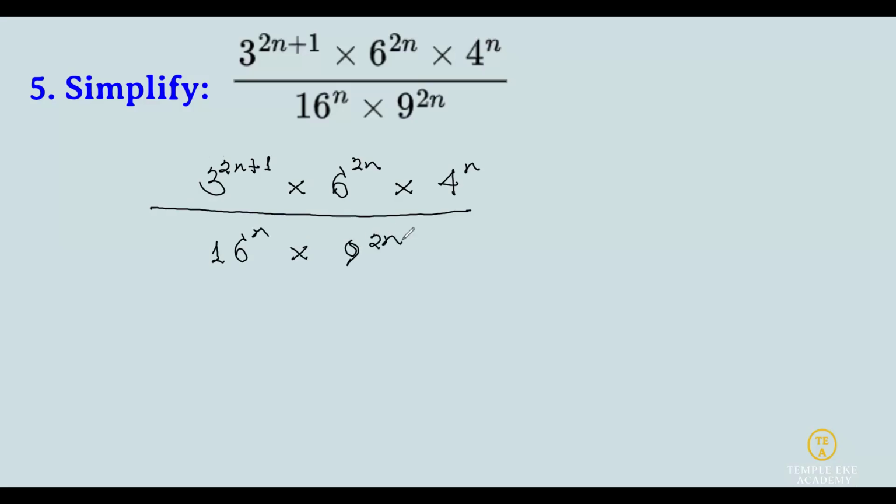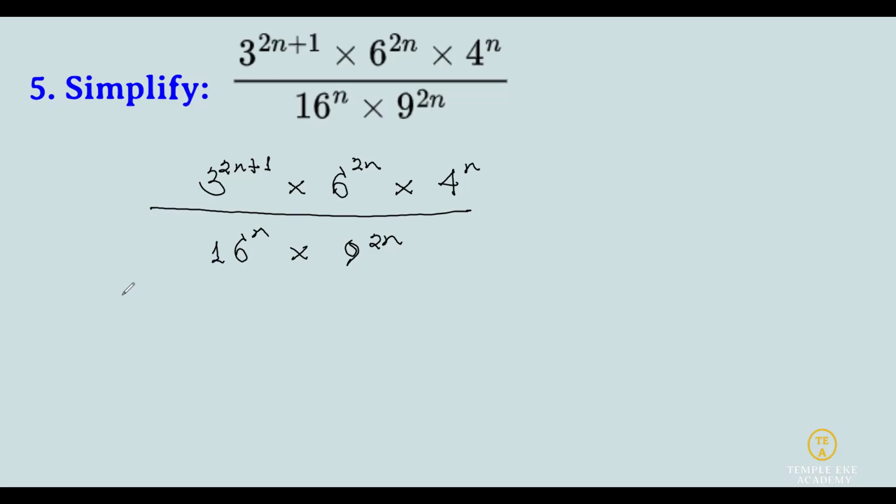This is what we've got. Now we can begin straight away. A quick inspection of this problem shows that the numbers here can be broken into 3 and 2. And that's what we do straight away.